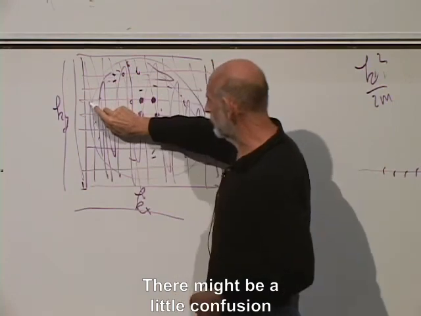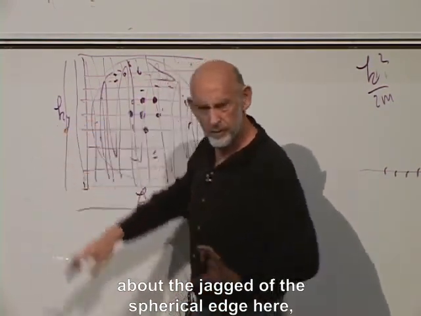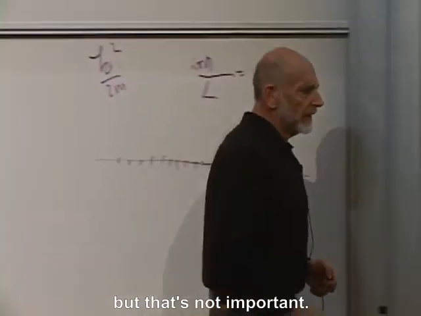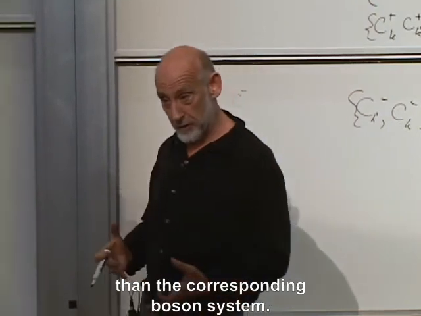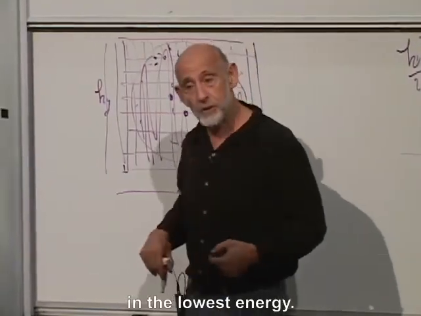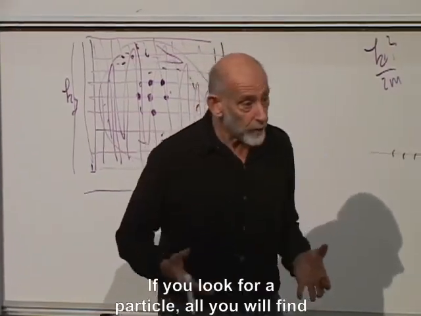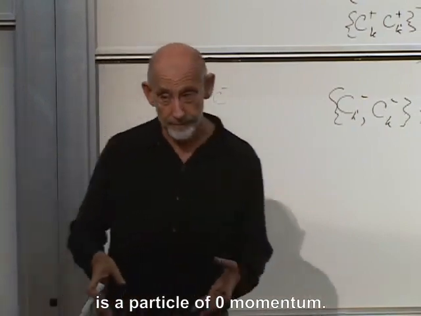There might be a little confusion about the jaggedness of the spherical edge here, but that's not important. This, of course, will have a lot more energy than the corresponding boson system. The corresponding boson system had all of its particles in the lowest energy. If you look for a particle, all you will find is a particle of 0 momentum.